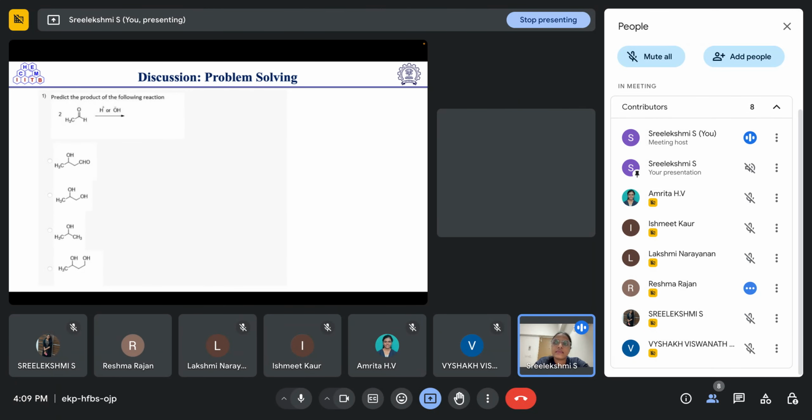And the order of acidity also matters, because if there are multiple electron withdrawing groups, which proton is easily abstractable also depends. So mostly the proton near an electron withdrawing group will be acidic. That is the basic thing. Okay, yeah, thank you.